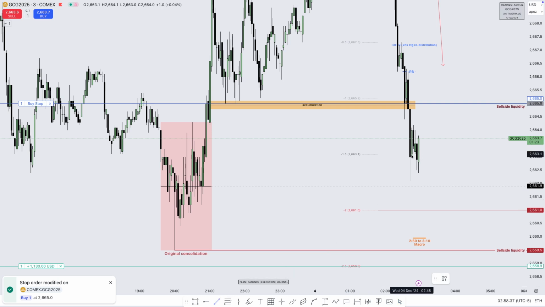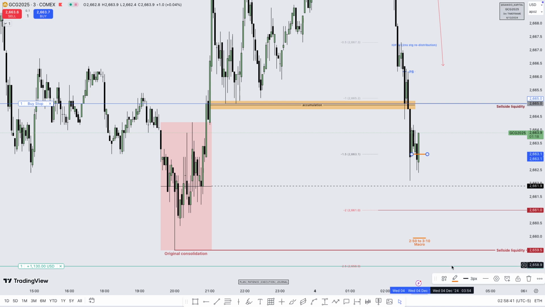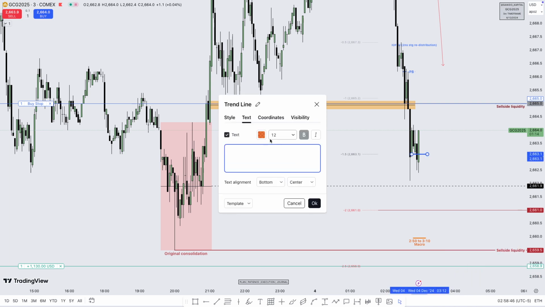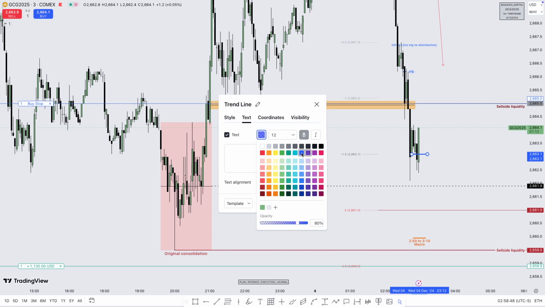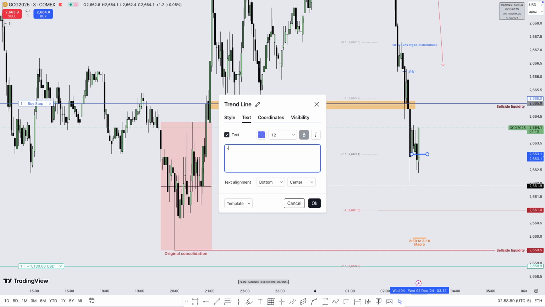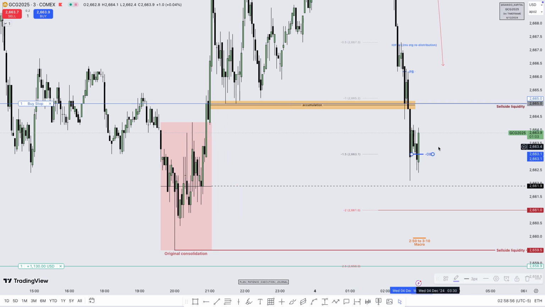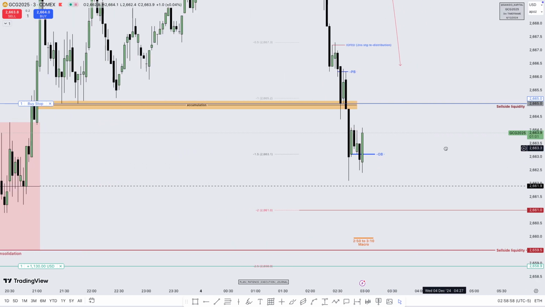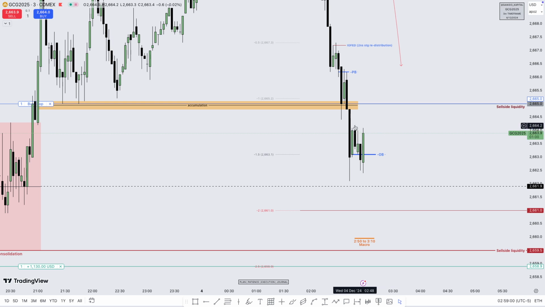We have that close that I was looking for. Bearish order block. Let's see. Ideally, now I wouldn't expect it to come above and take out this high here.